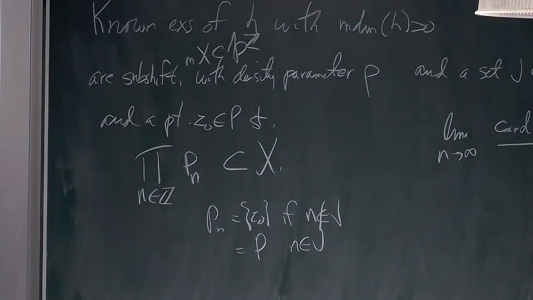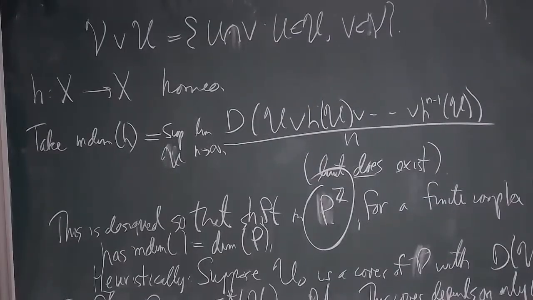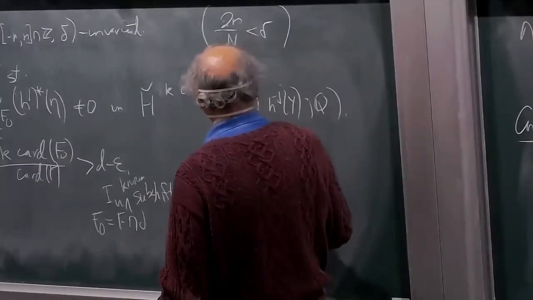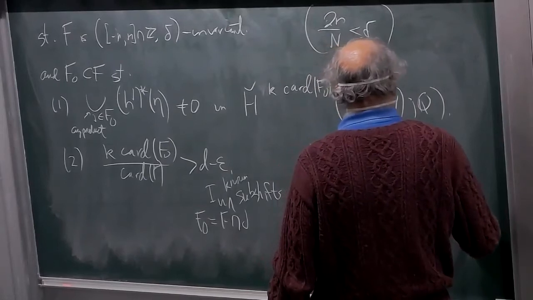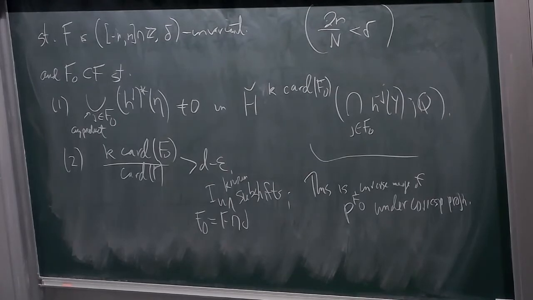And this then is the intersection. Well, let's see. It's the inverse image of P to the power F0 under the corresponding projection.